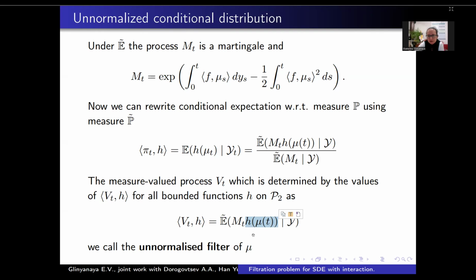It can be done for the general case, but I didn't write it here because of more huge formulas, and we need to use the derivative with respect to measures, about which Alexander told us in the previous talks.